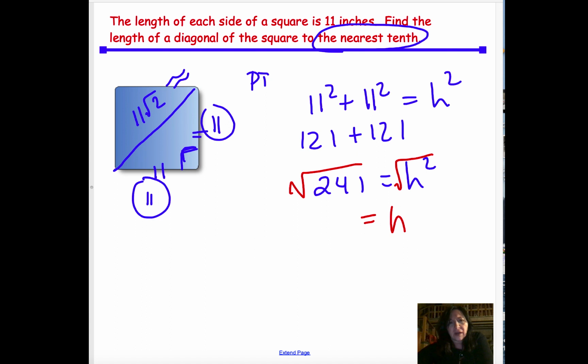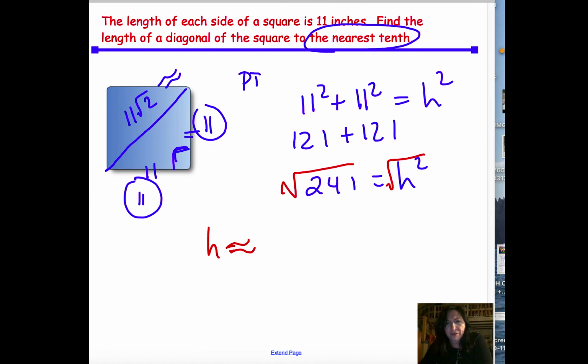Because I just approximated my values, these are going to be approximate values, so you're going to do this little squiggly thing. So I'm going to say that diagonal, or that hypotenuse, is approximately 15.52.